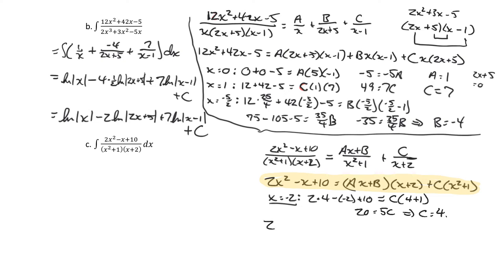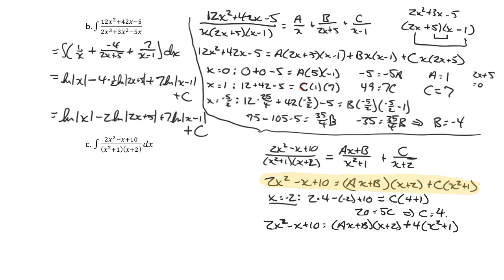So I've got 2x squared minus x plus 10 equals the quantity ax plus b times x plus 2, and that's going to be plus 4 times x squared plus 1.